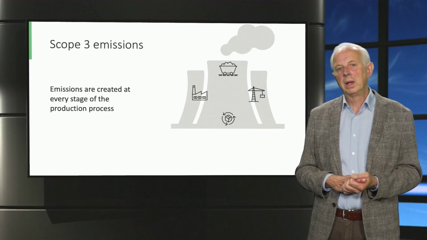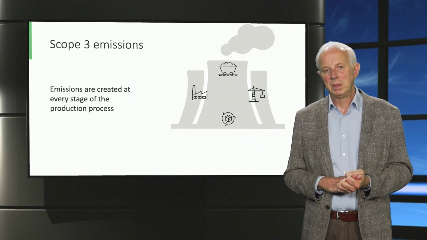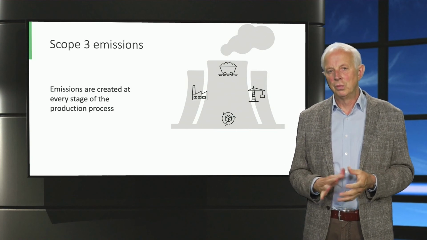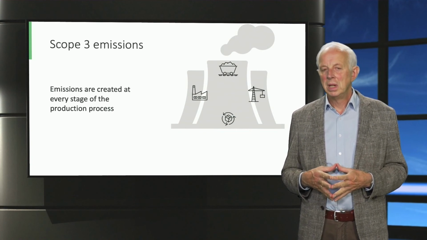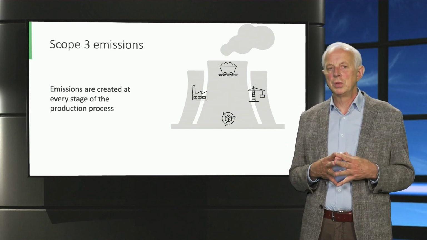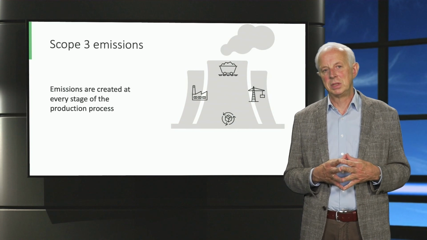Finally, we now look at the calculation of scope 3 emissions. This is much more complex because what you basically need to do for a given product or service is to follow the complete life cycle of the product and find the associated emissions at each stage.